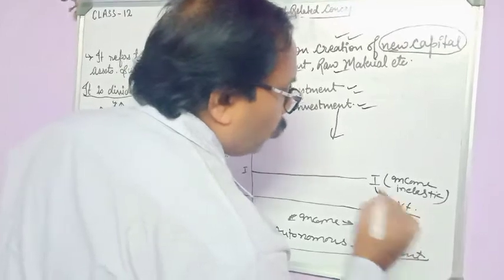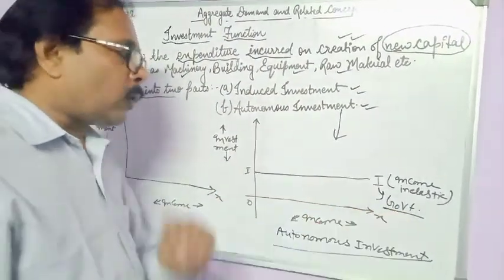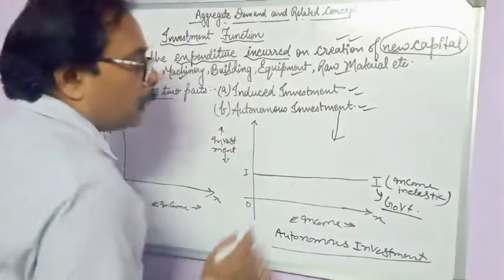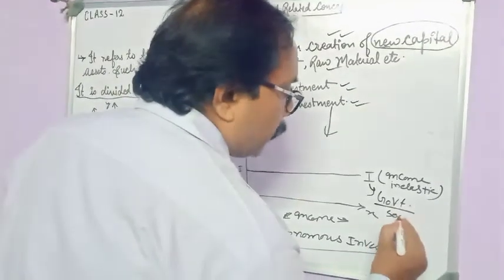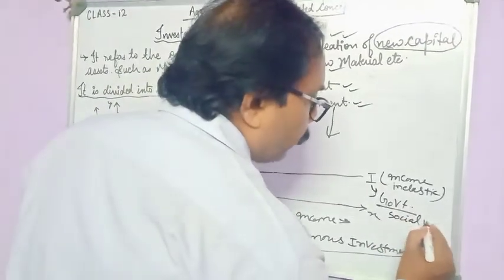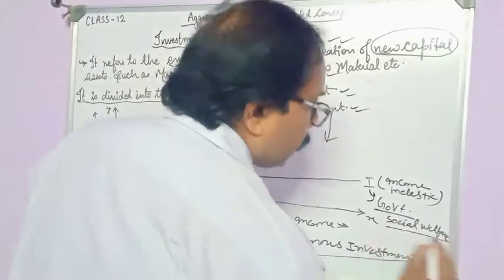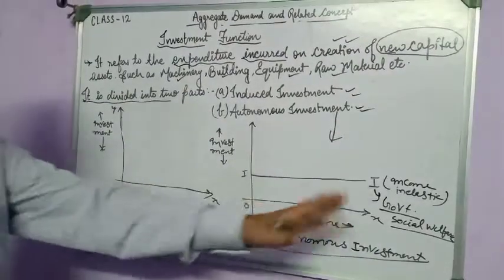Why does the government invest this amount? For social welfare. Is it clear? So this investment is basically done by the government for social welfare.